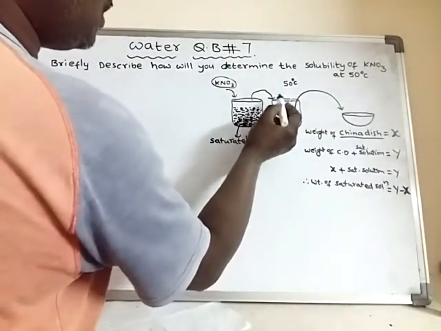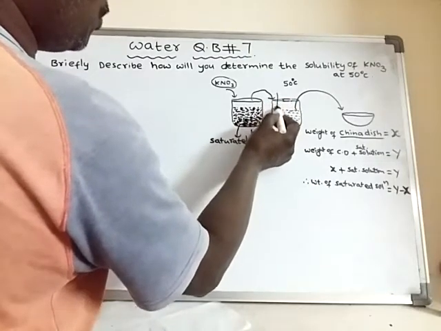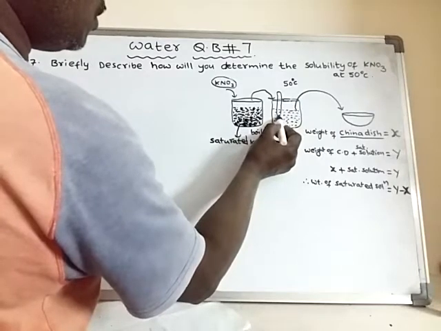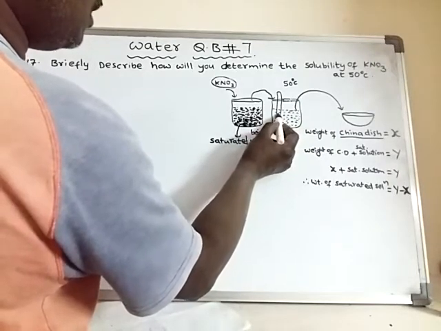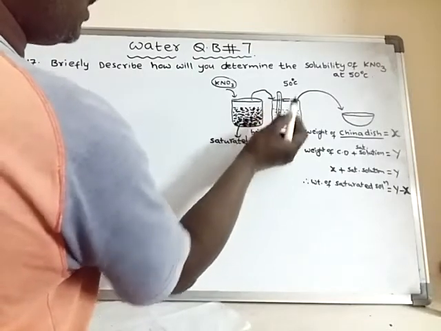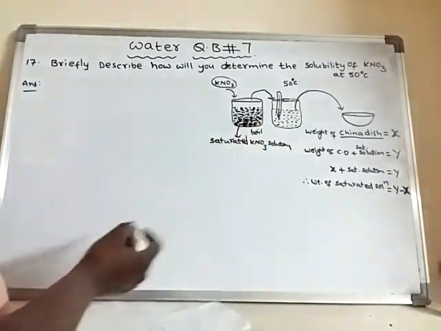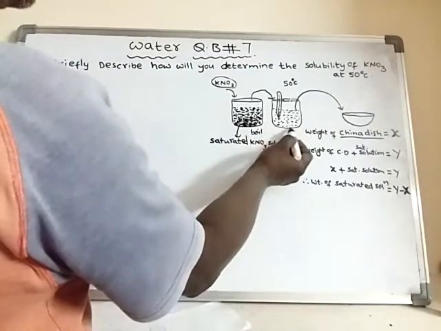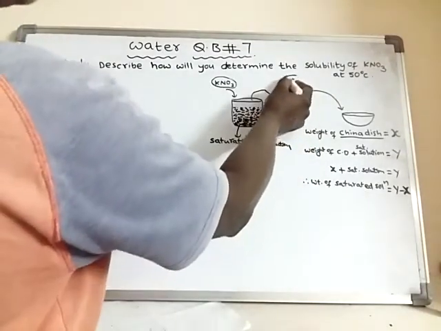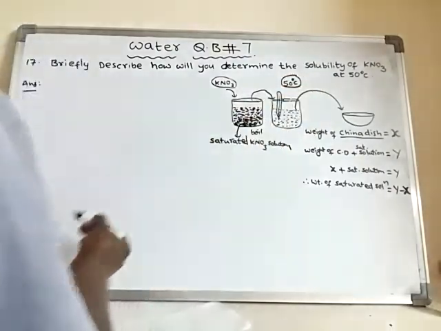So how will you measure? Just put a thermometer into this one. With the help of that thermometer, we can read the temperature of this saturated solution of potassium nitrate, and cool the solution until it reaches 50 degrees centigrade.